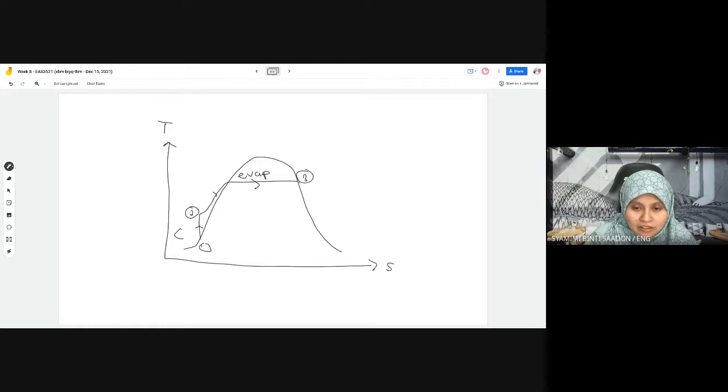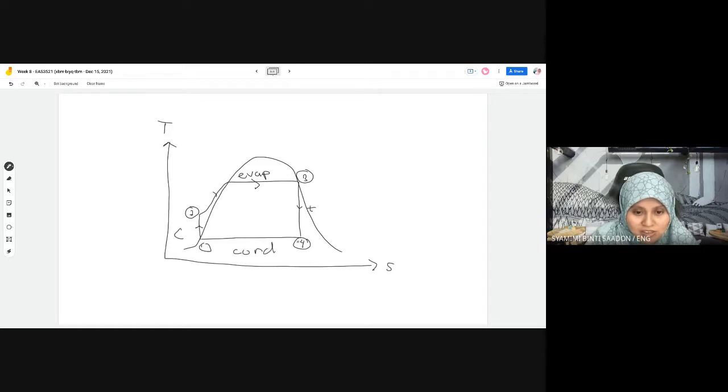And then 3 to 4, ideal case. Ideal case is what we call isentropic, so it's actually a straight vertical line here. If not ideal, there is some pressure loss, some loss in there. So here is number 4. And then back. So this is expansion, the turbine, and this is the condenser, condensation.